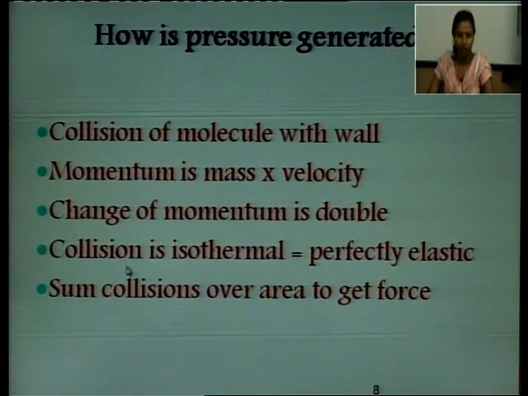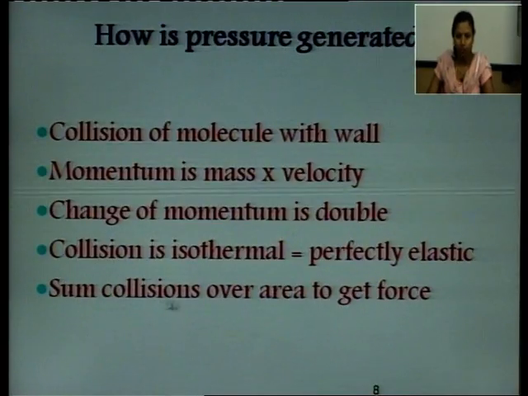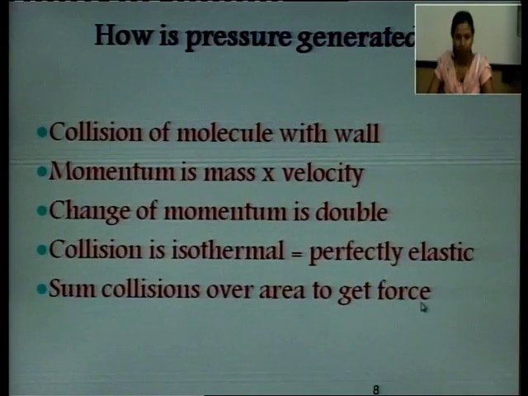This is possible only if the collision is perfectly elastic. If there is no loss of energy, then this is possible, otherwise velocity can decrease with the collision. So we sum all the collisions over the area to get the force.